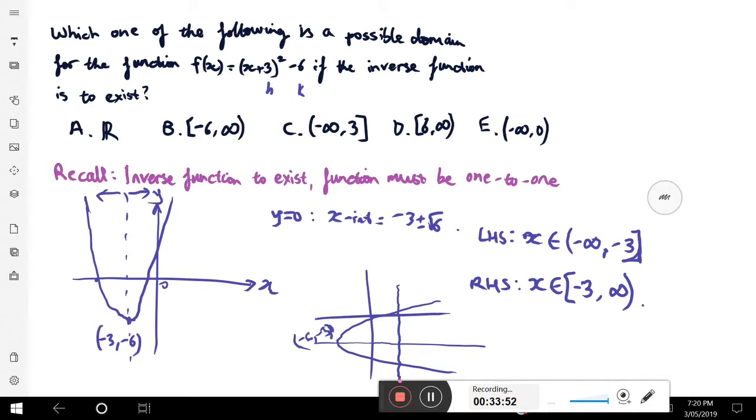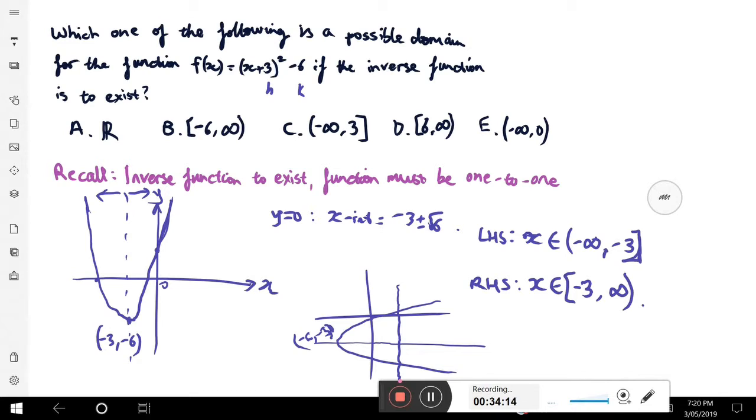So it's not like you have to take -3 to infinity. You can take 0 to infinity. That would still be right, because if you go from 0, this point here, onwards, it's still 1 to 1. No one said that you have to take from the turning point onwards.